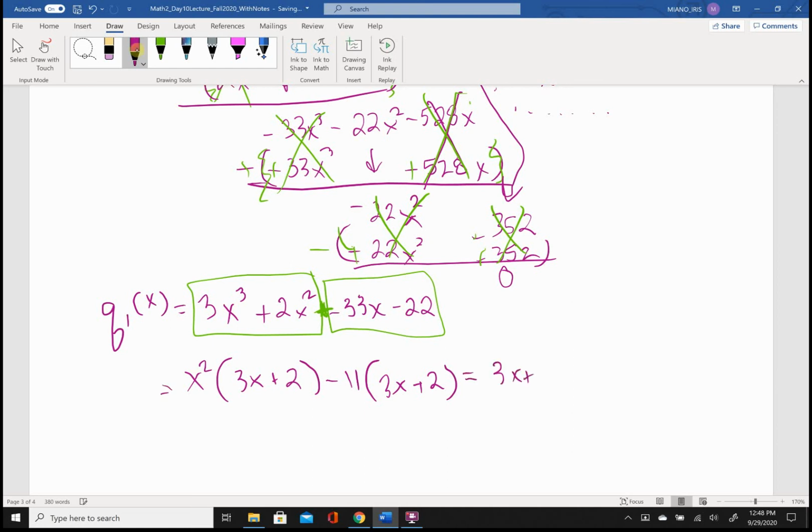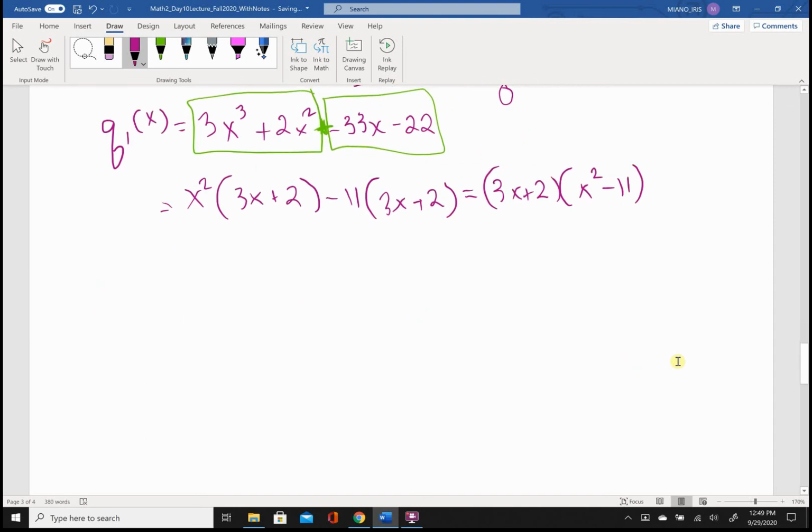So then that will factor to 3x plus 2 being the common binomial factor, and the leftover bit will be x squared minus 11. Now x squared minus 11 isn't factorable, but it still is going to give us not only zeros, but real zeros. So it'll just be irrational. No big deal.